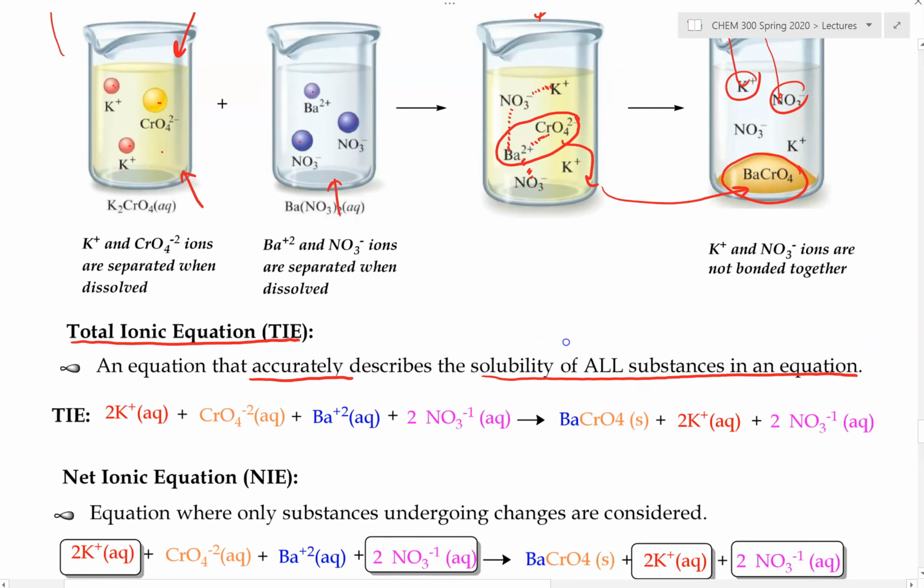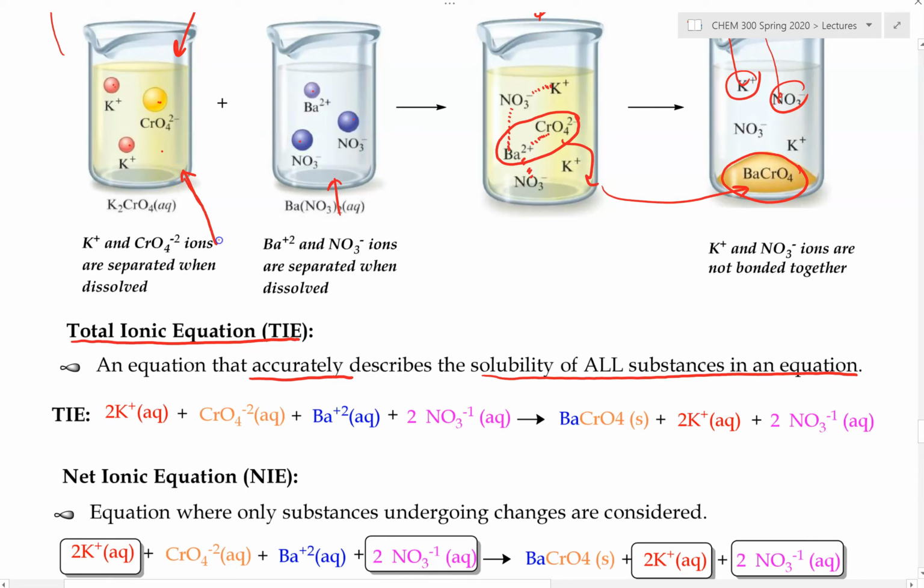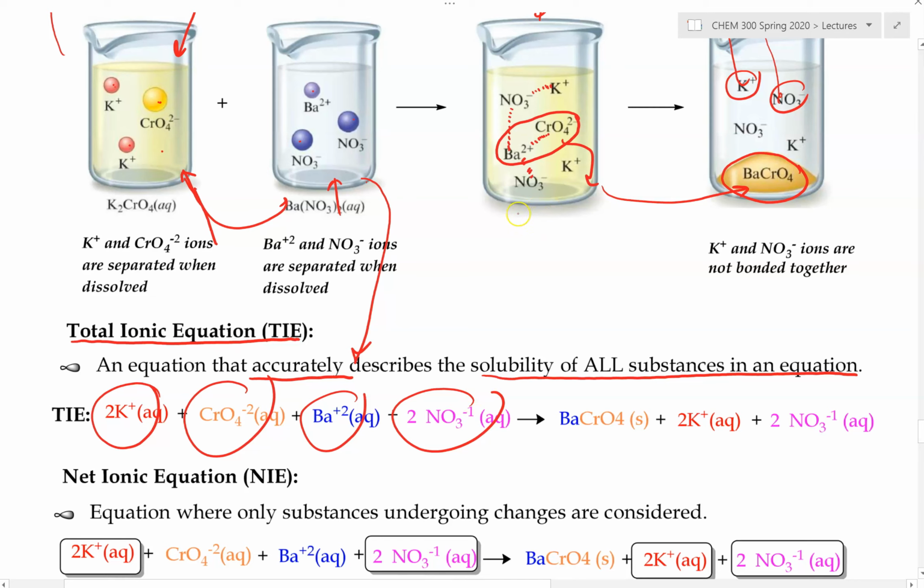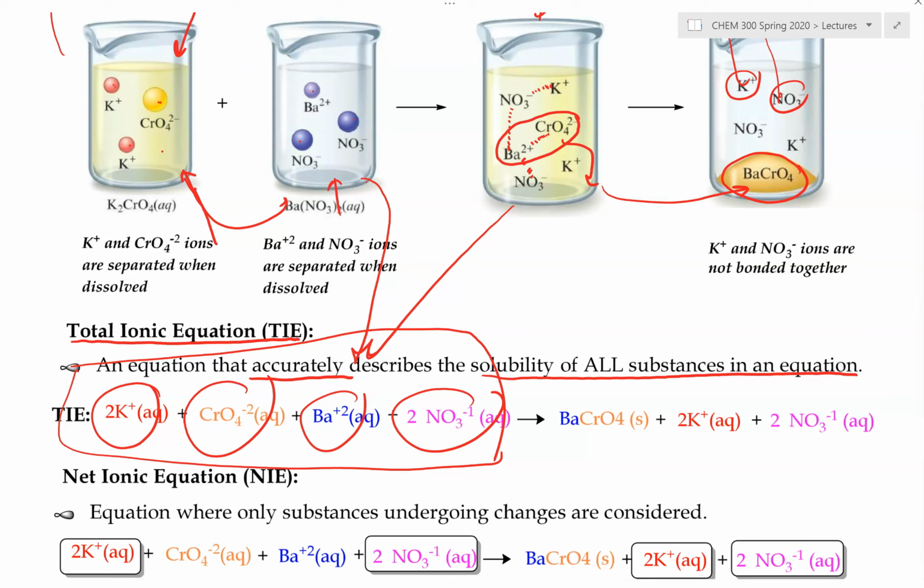Basically, when we combine these two beakers together, we will have a beaker containing the potassium ion and the chromate ion. And we also have ions from the other beaker, the barium and the nitrate as well. So that would be all of the ions that we find on the reactant side the minute we begin mixing these two solutions together. We have a solution of all of these ions.